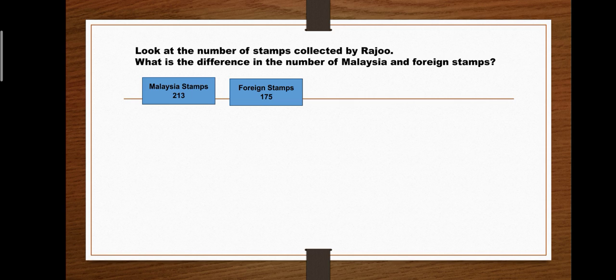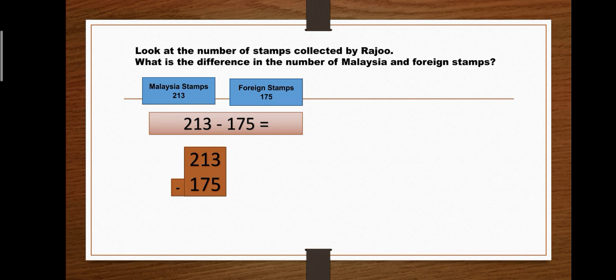We are comparing with foreign stamps. When we are comparing with another number, we have to minus. So you write the mathematics sentence first, then standard form, then you will get the answer.